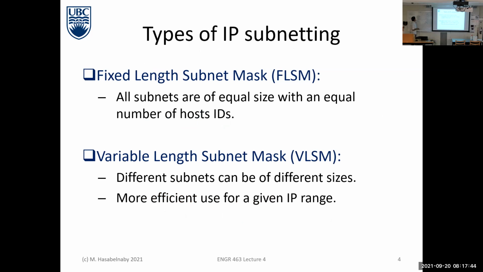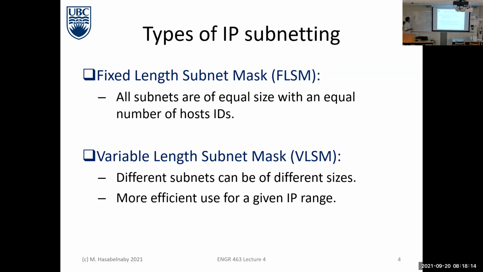So, for example, here, if we have this third network and another fourth network, using fixed length subnet mask, we will divide the 254 IPs equally between these four subnets.